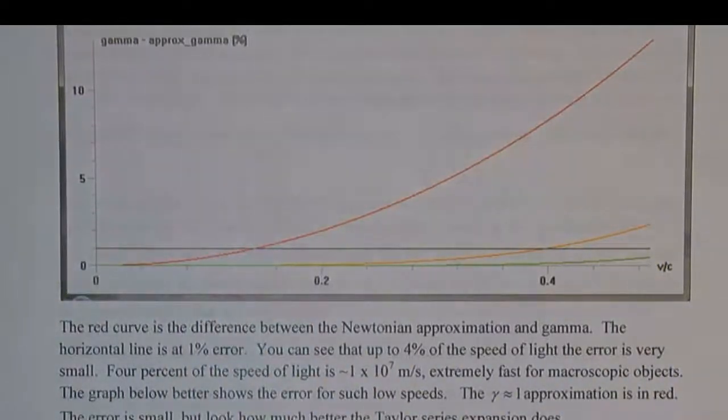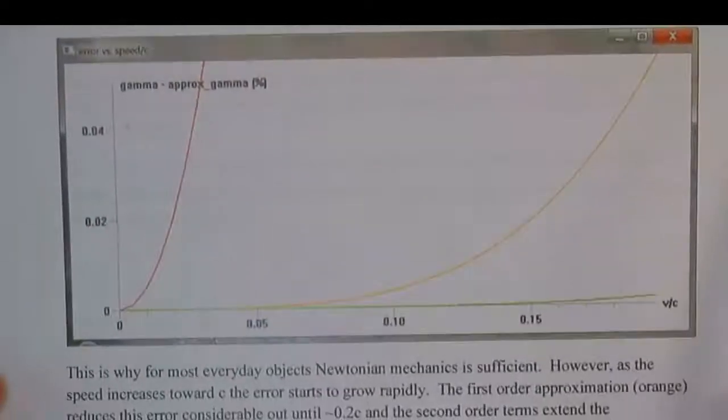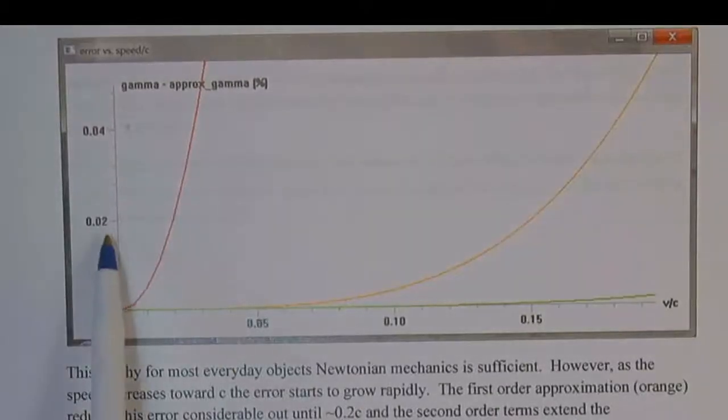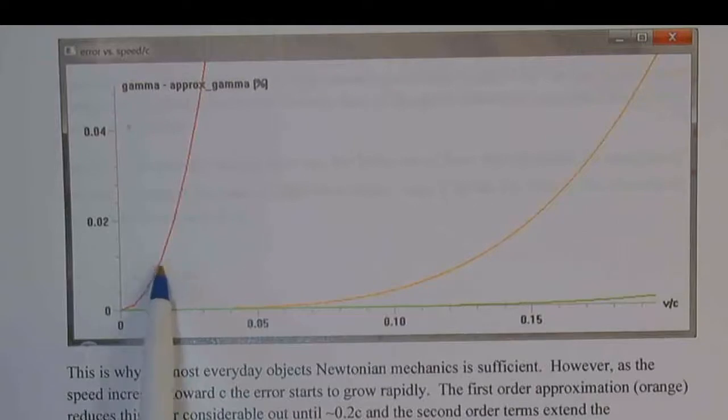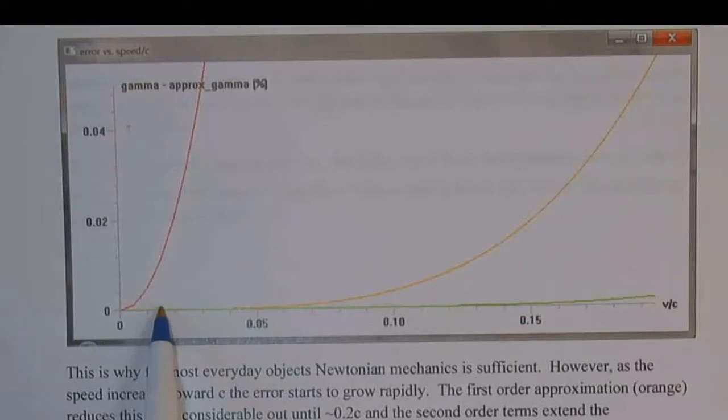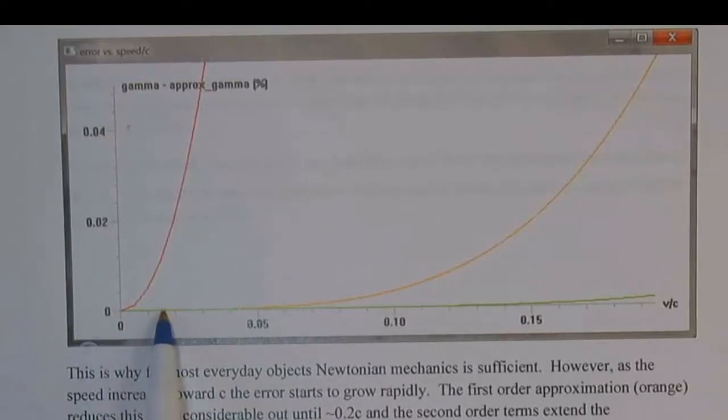1% is actually fairly crude. If we go down and say I want to have 0.01% error, then we can go out to a fraction of light which is maybe 0.015, or a little less than 1% of the speed of light, and still have 100th of a percent error.